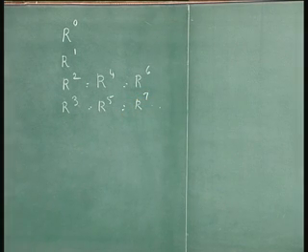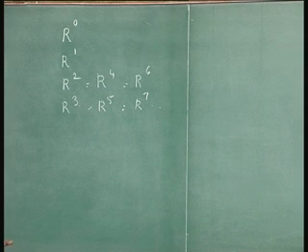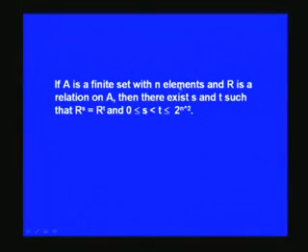So, after some time the pattern repeats, you do not have any more different relations, but the powers will represent already existing relations. So, we have this result. If A is a finite set with n elements and R is a relation on A, then there exist S and T such that R power S is equal to R power T for some S and T between 0 and 2 power n squared.